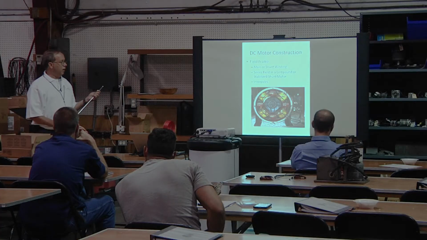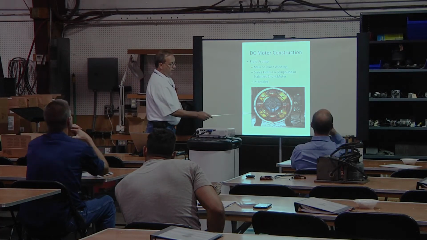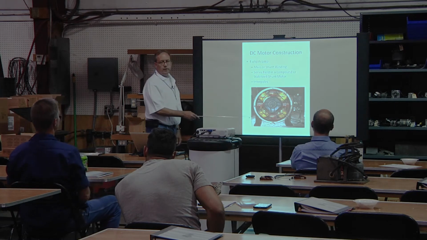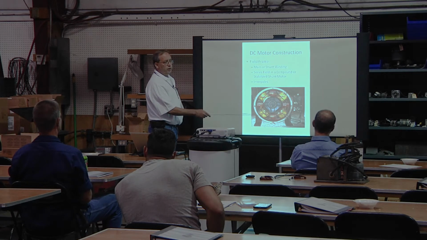So you need some extra boost, some extra torque to start, say, a difficult load, like maybe a mixer or a big extruder or something of that nature. The series field is wound right on top of the shunt field, so you can't really see it in this picture.